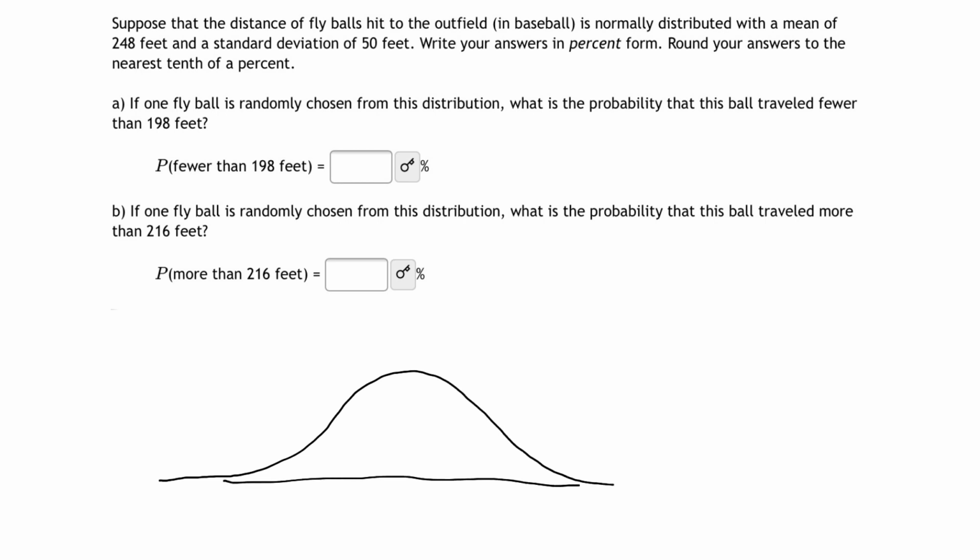And in this curve, I'm going to label it so that my mean, right in the middle, is 248 feet, and one standard deviation to the right of my mean and one standard deviation to the left of my mean is calculated by adding 50 feet, the standard deviation, to 248 feet, giving me 298 feet, and subtracted from 248 feet, giving me 198 feet.